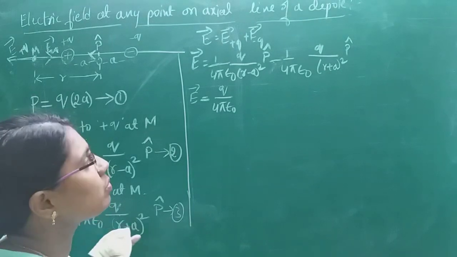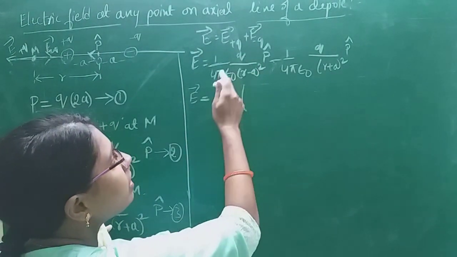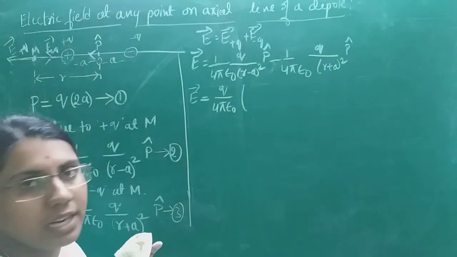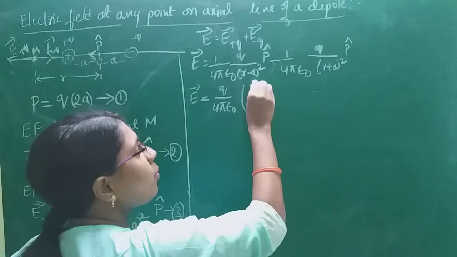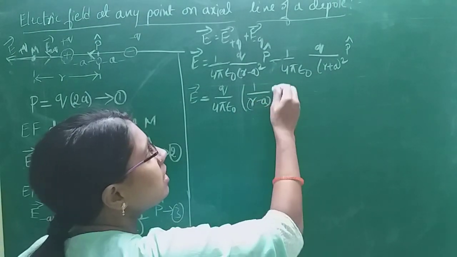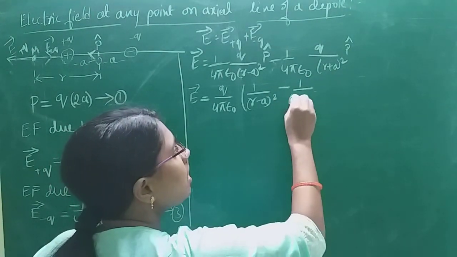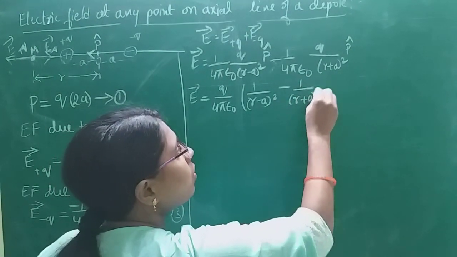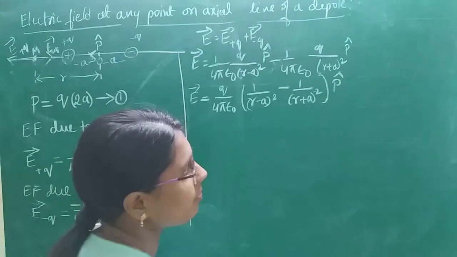Q and 4 pi epsilon naught are taken outside from the two expressions, right? The remaining is 1 by (R minus A) whole square, minus 1 divided by (R plus A) whole square, and P cap is also taken as common.